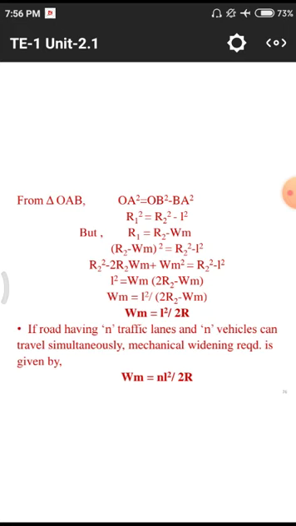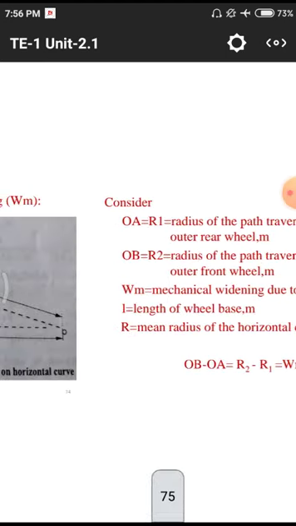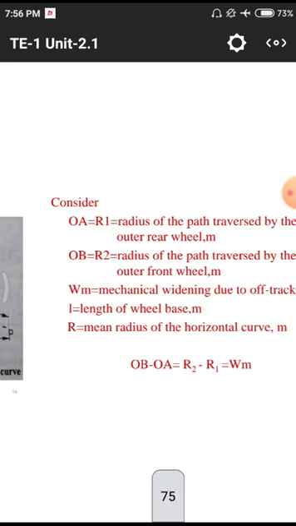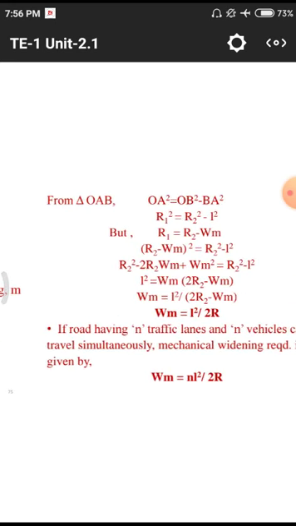Here we have OA square plus AB square equals OB square. We simply transpose OA square to the other side, and we get R1 square equal to R2 square plus L square. By the previous diagram we know what R1 and R2 are. After that we get the mechanical widening in terms of L square by 2R.